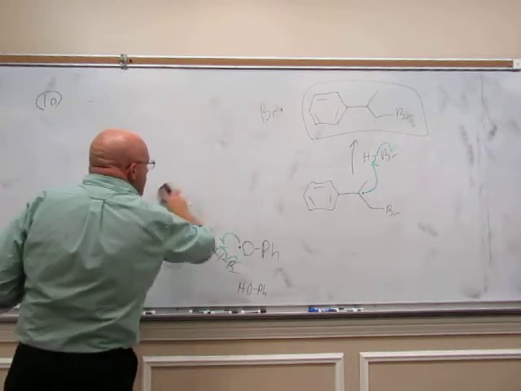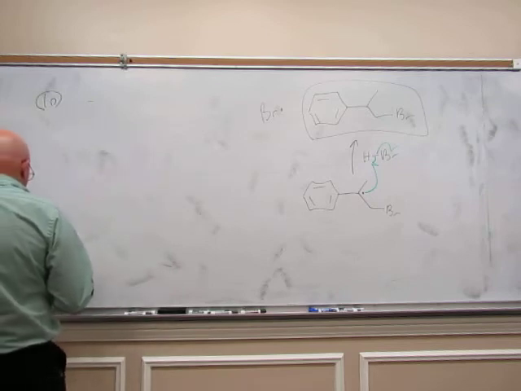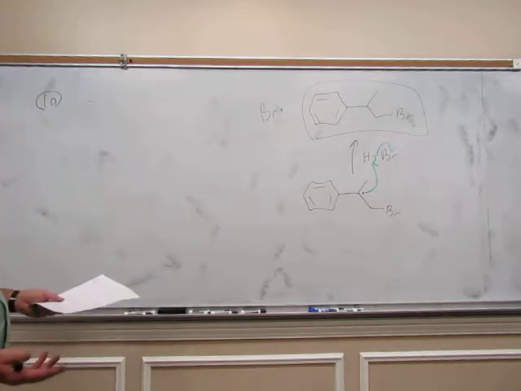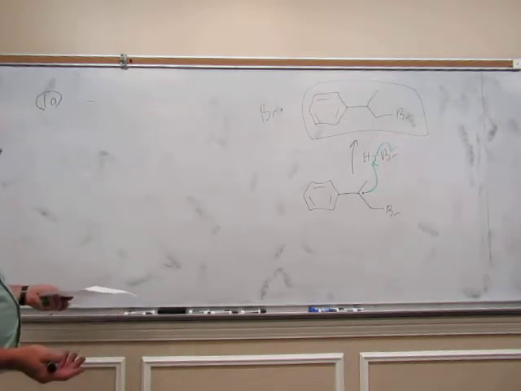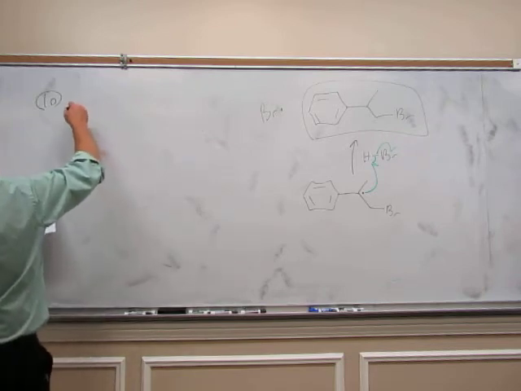So that was Anti-Markovnikov addition to the alkene. If there were no peroxide there, then you're going through a carbocation, we would have had Markovnikov addition if there was no peroxide present.